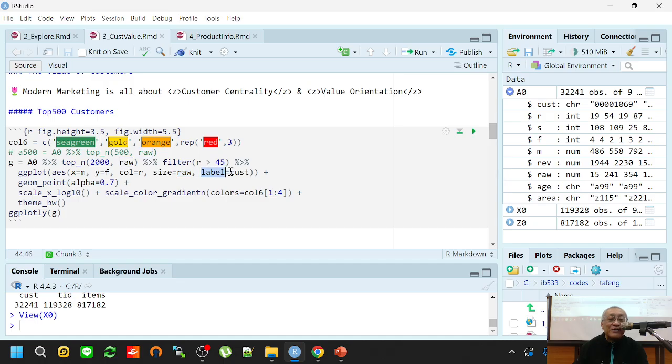I also label by the customer ID, so I know which customer it is. Then I do a geom point and set the transparency. I apply a log on the x coordinate, and this is just to set the color, and then I generate an interactive plot.